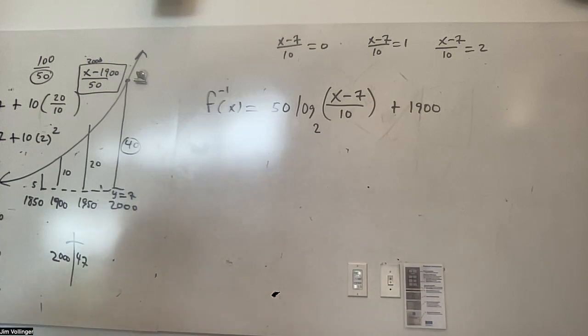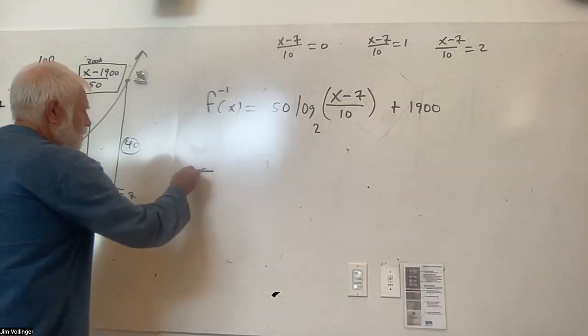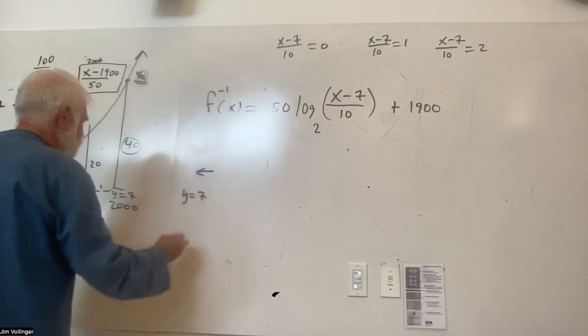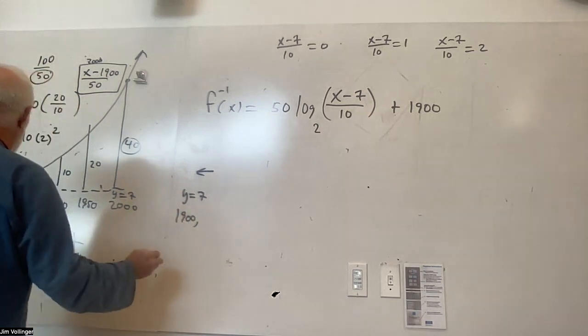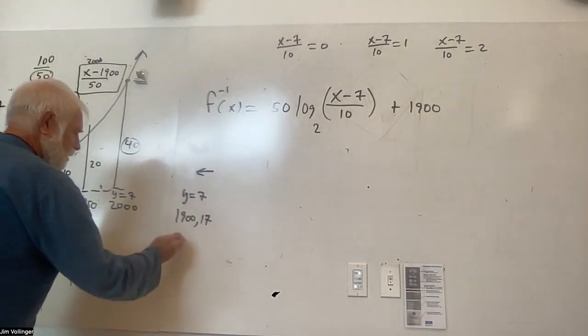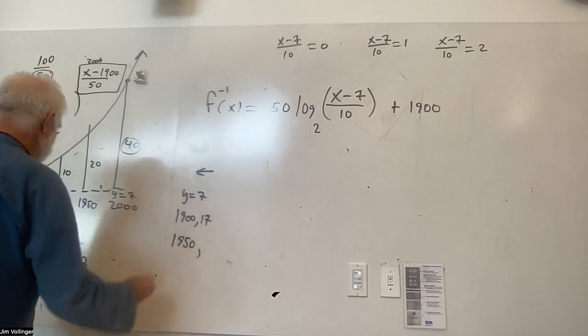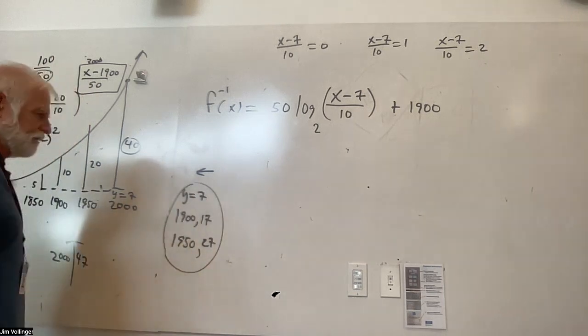All right, so what do we have here? We've got a y asymptote on the left. We've got a y asymptote of 7. We've got 1900 gets us 17. We've got 1950 gets us 27. And I'm saying that we have the inverse of this.